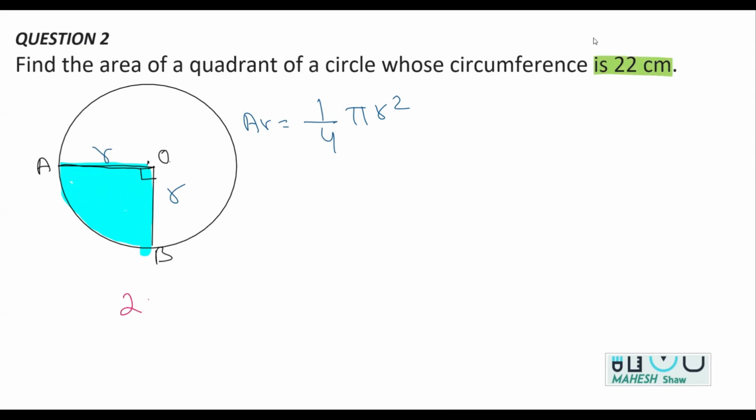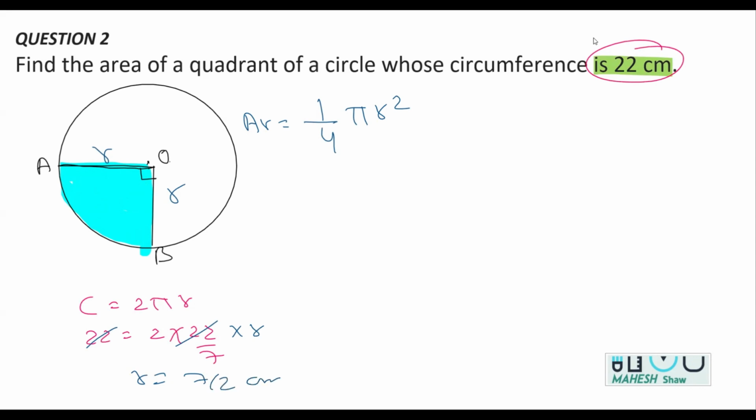So let's use the letter C for the circumference, whose formula is 2 pi r. Replacing C with the value given here, 22 is equal to 2 into pi, which is 22 over 7, into r, since the radius is missing. Here 22 and 22 get cancelled. On transposing these numbers, it is 7 over 2 centimeter.